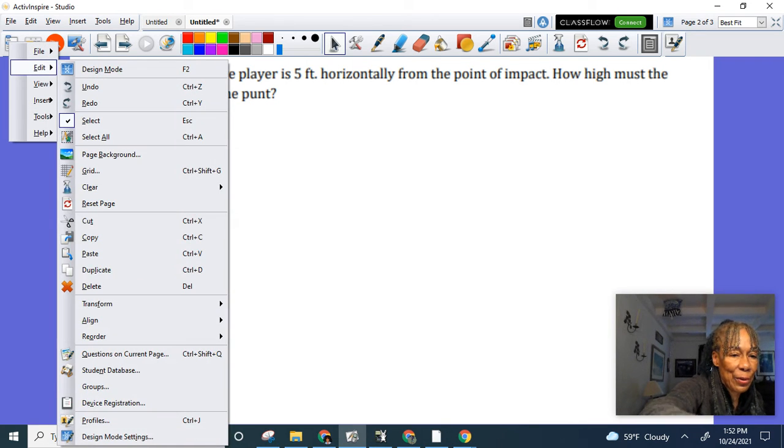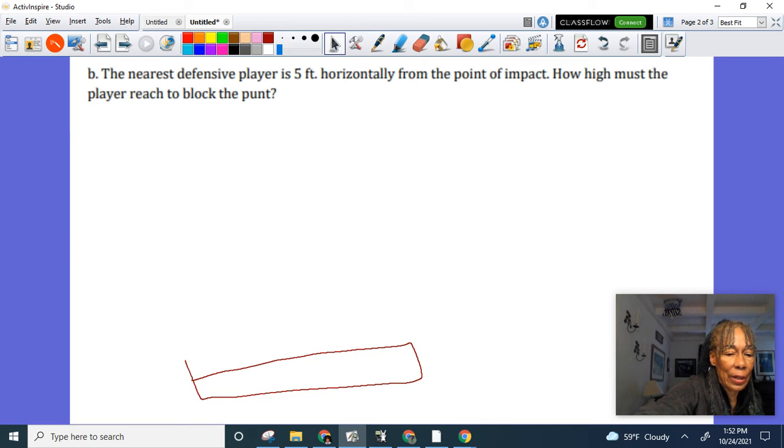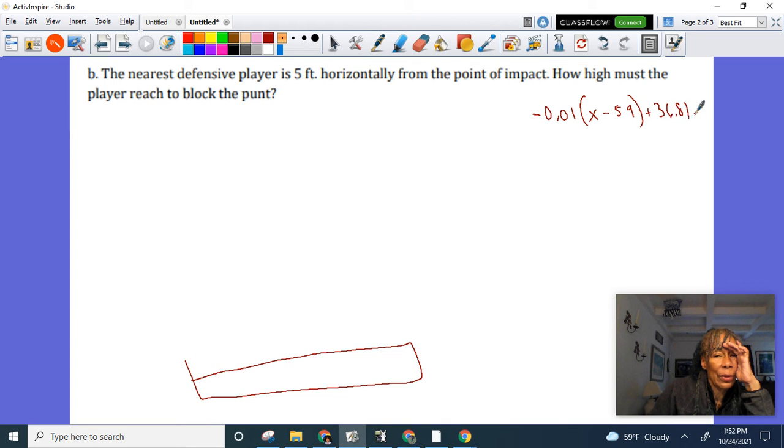You can see I've got it set up different than at school. Whatever. What was it? Negative 0.01 times x minus 59 plus 36.81 equals 0.